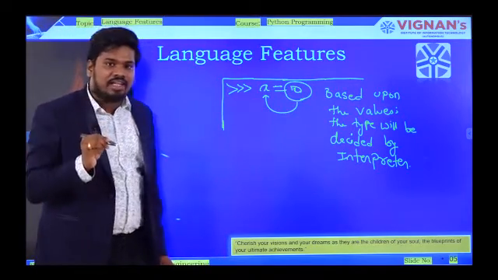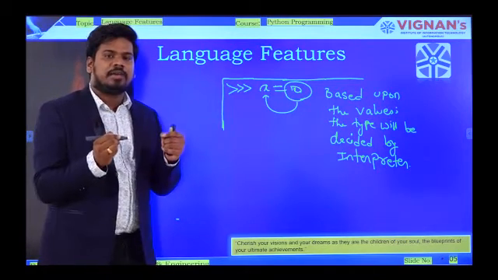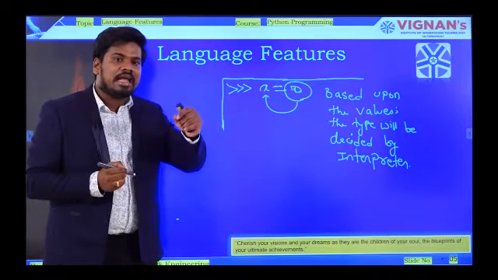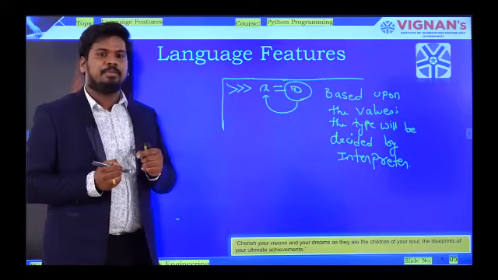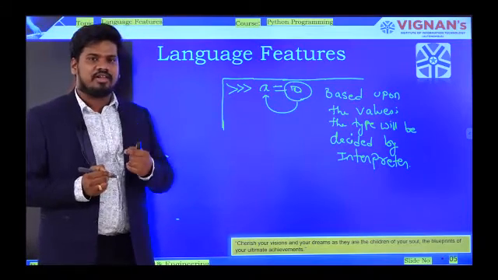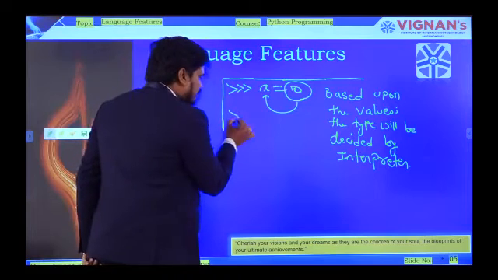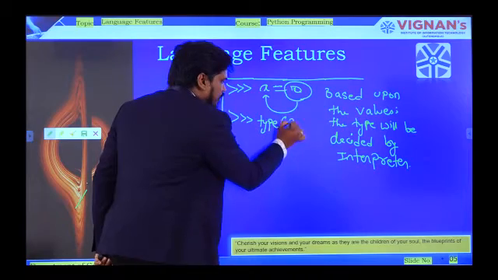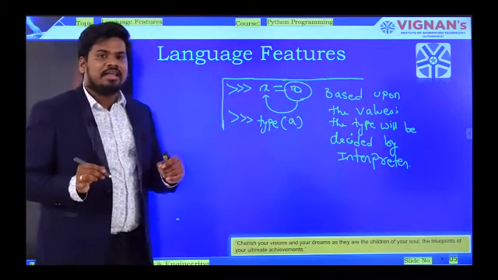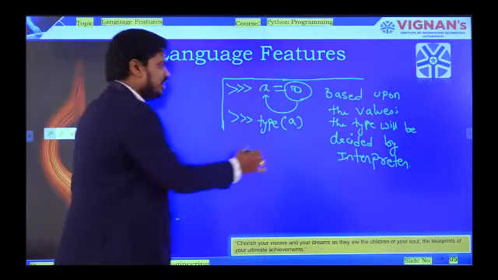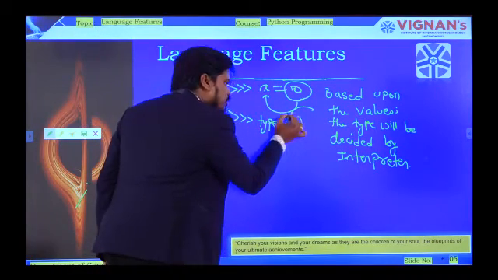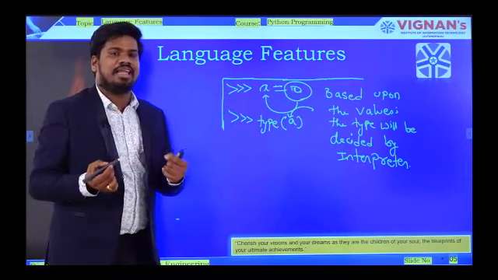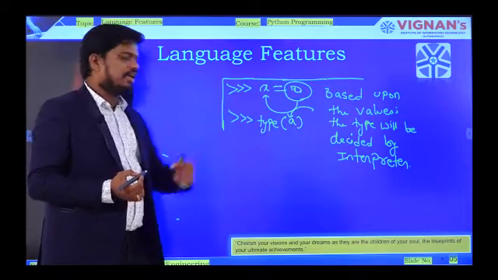Since I have given the value 10, the interpreter will automatically assign the data type to the variable A. Remember that one. If you want to confirm yourself, go to the Python shell and execute this command: type of A. Type is a function, and in this function I have given one value, the variable A. If you want to know the type of any variable in Python, I have to use the type command.